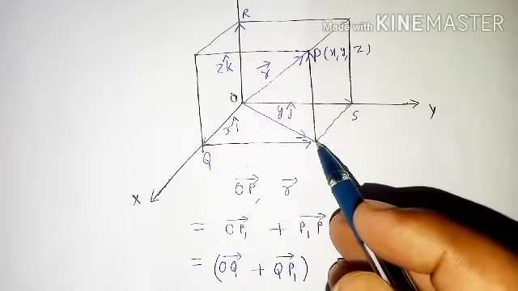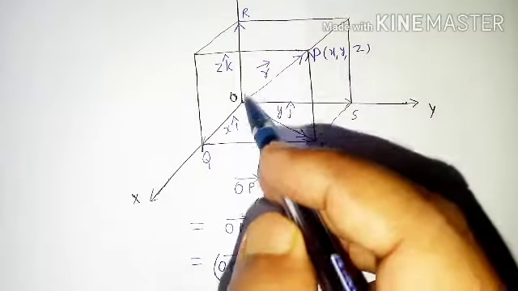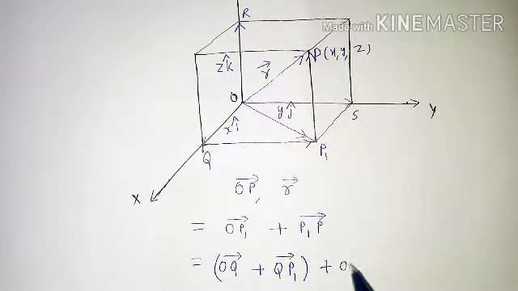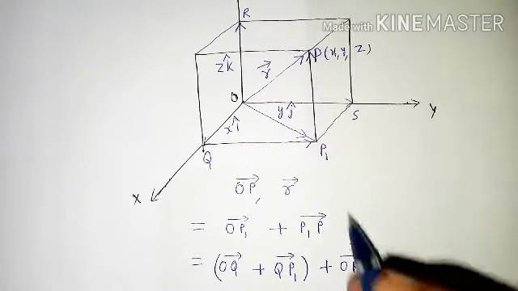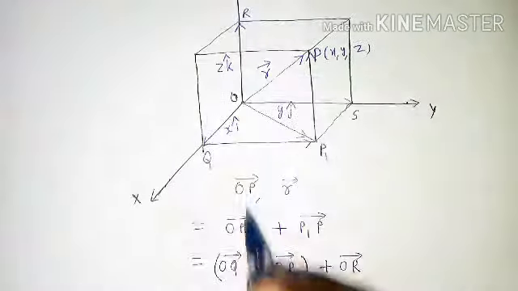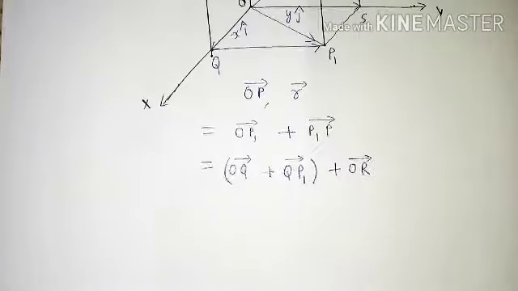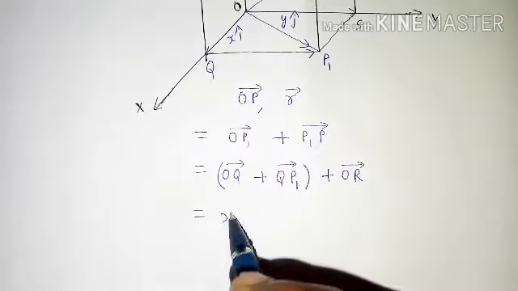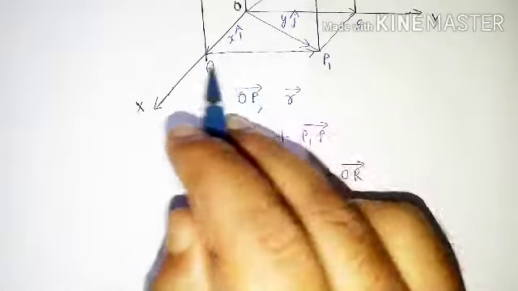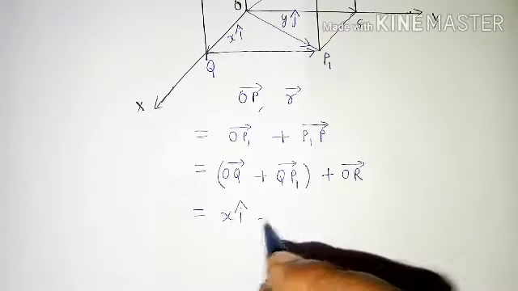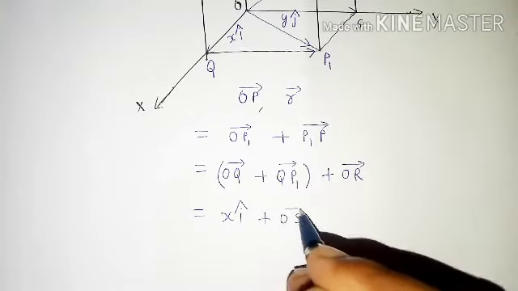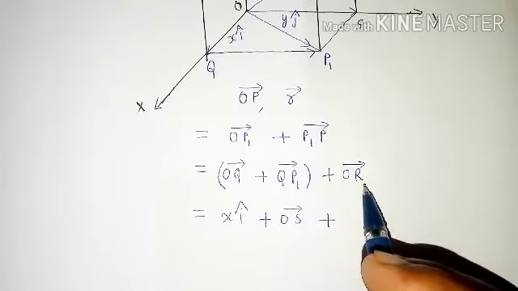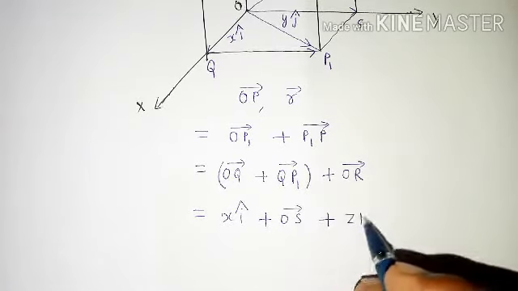Now vector P1P is equal to vector OR. Vector OQ is x i cap. Vector QP1 is vector OS, which is y j cap, and vector OR is z k cap.